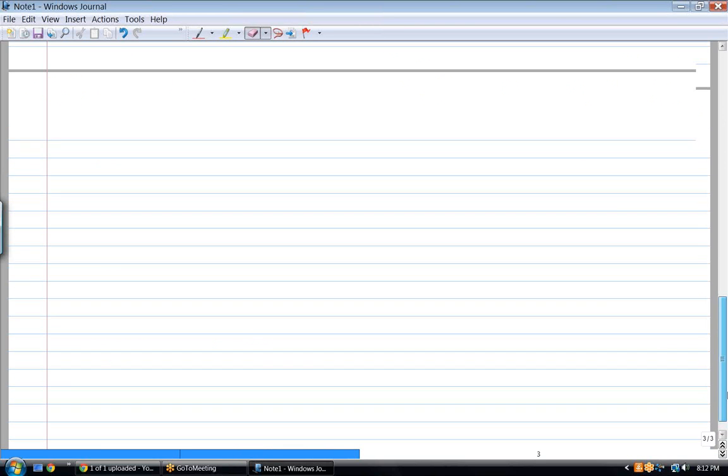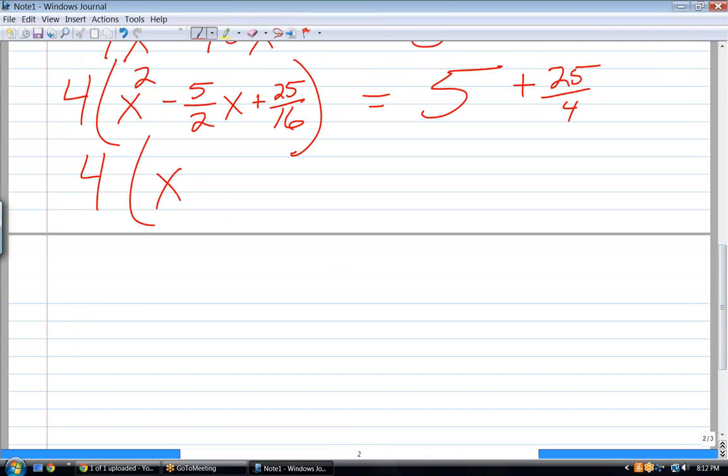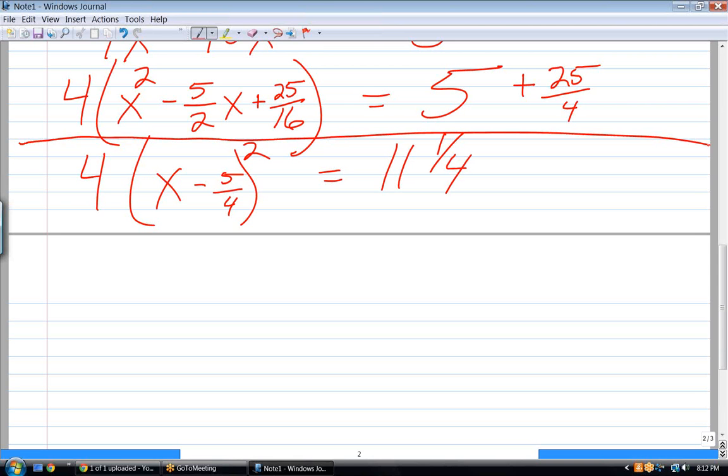Now, there's lots of uses for completing the square. So now I'm going to write this just like I wrote it before. X minus 5/4 quantity squared equals 11 1/4. Now what's the next step for solving this equation? Divide by 4.